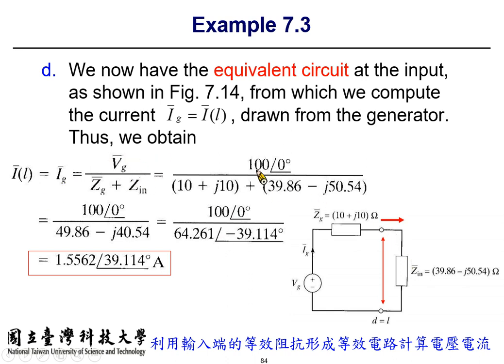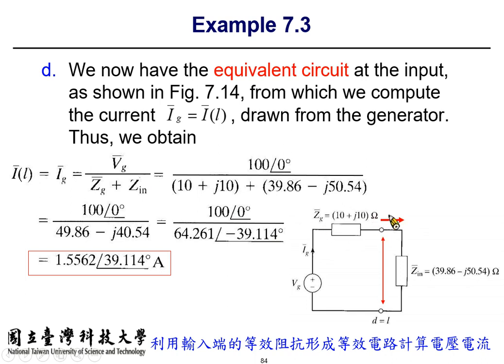The voltage is 100 volts, 0 degree, and the denominator is the summation of the two, and you can find out the current will be 1.55 amp with a phase of 40 degrees.